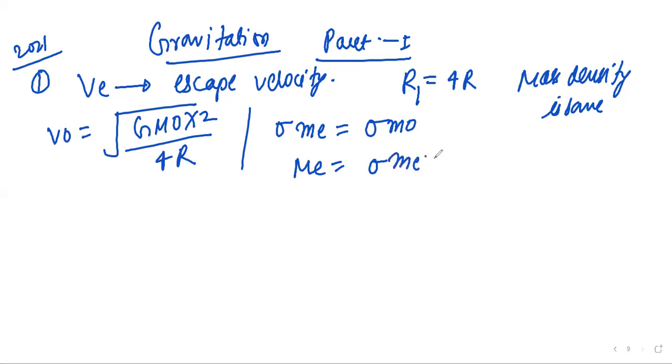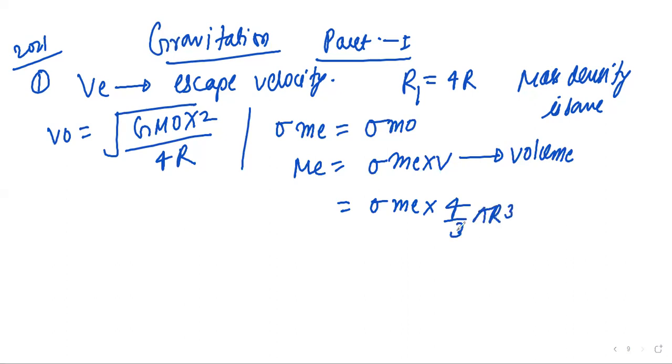sigma ME into V. So V is nothing but your volume. Right. So the volume of a sphere is given by 4 by 3 pi r cube. Then similarly you can find M naught.